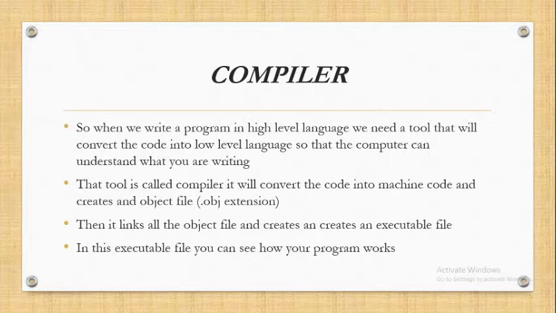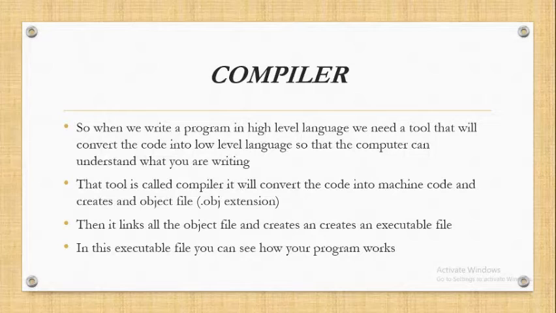Okay, so how does a compiler work? Firstly, we should specify the files that we are going to compile. There is something called a source file, which is a file where you write all your code, and the compiler generates an equivalent object file, with the .obj extension.